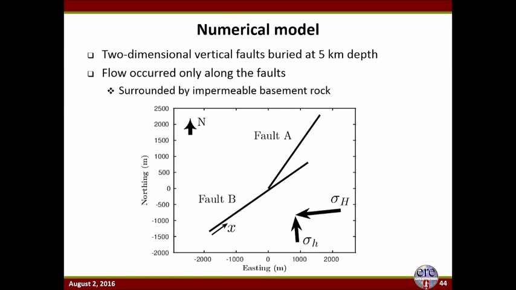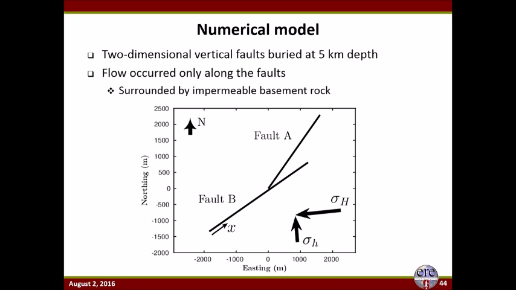We modeled the system as this set of two-dimensional vertical faults located at roughly 5 kilometers depth. And in the study, I was really only interested in understanding how fluid flow along the fault zone structures occurred.